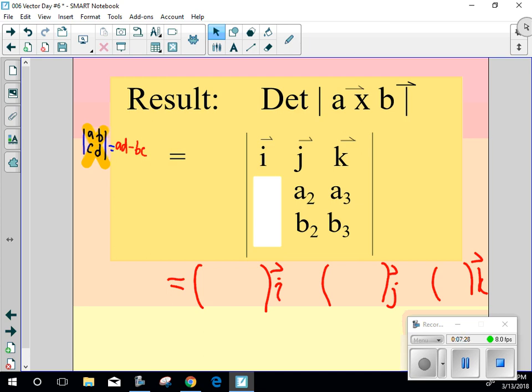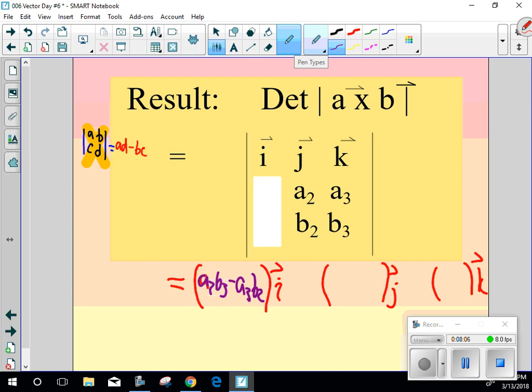When we're doing the I, we're going to cover up what's underneath the I, and we're going to leave under J and K this nice 2 by 2. And with this nice 2 by 2, we're going to be able to do what we did here. A2, B3, sorry it isn't R2D2, minus A3, B2. I want the A first. So A3, B2.